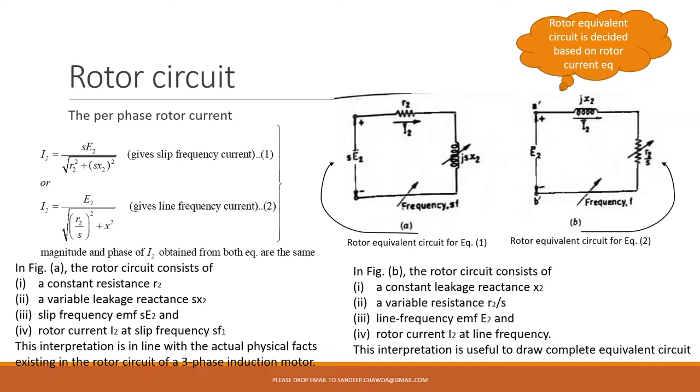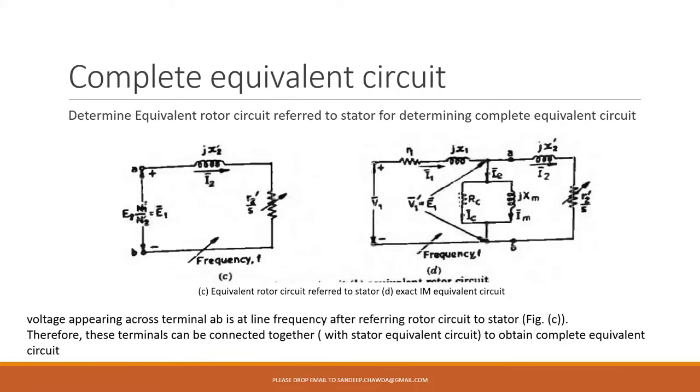Whatever rotor circuit you would like to use, you can use, but it has a certain advantage. Basically, we are going to utilize the second circuit in order to draw the complete equivalent circuit. So this should be known to you, which is discussed here. Now, before combining it, one thing we have seen: when there are two separate circuits, you can refer quantities. We did this particularly in the case of the transformer, where the secondary circuit parameters were referred to the primary side.